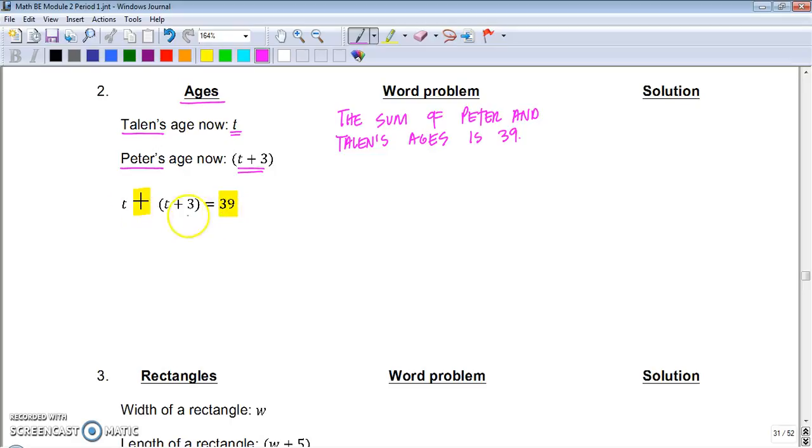So I've established what this equation tells me. The other thing I need to talk about is these two expressions. If Peter is 3 years older than Talon, comma, how old is each person?